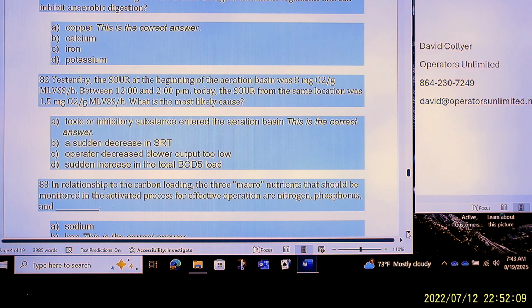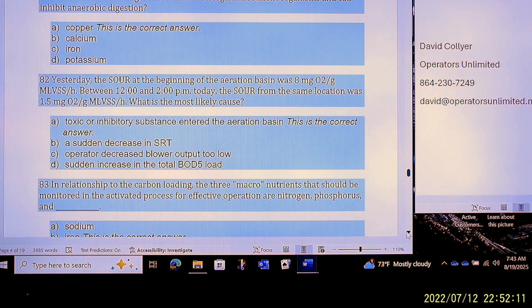Which of the following is most toxic to biological treatment organisms and can inhibit anaerobic bacteria digestion? A, copper, B, calcium, C, iron, D, potassium. The answer to 81 is A, copper.